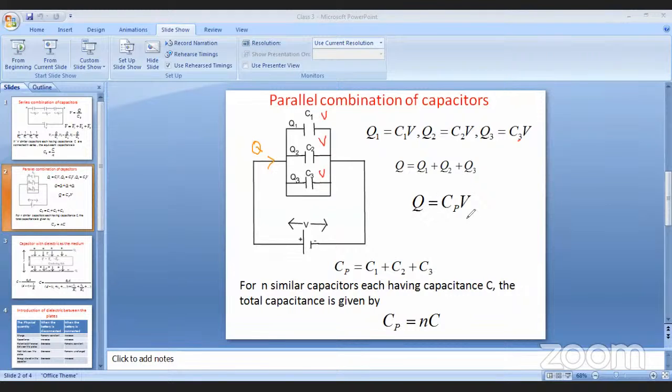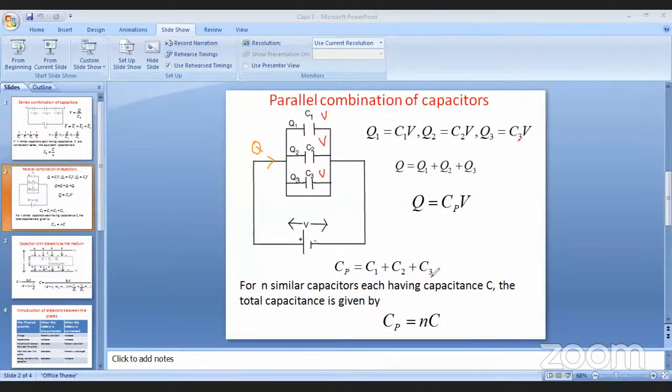Cp means the total capacitance for this network. So Cp equal to C1 plus C2 plus C3. That means even if you have n number of capacitors in parallel combination, to find the net equivalent capacitance you simply have to sum all the capacitance values to get the total capacitance.